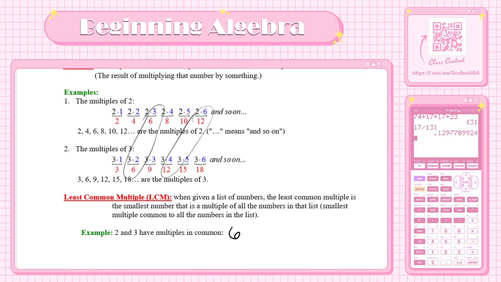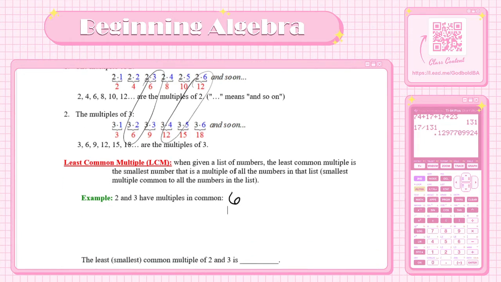So when I want to find the least common multiple between two numbers, I don't want to have to write out all the multiples of them, because sometimes these least common multiples are super big numbers. So there is a method for finding this.